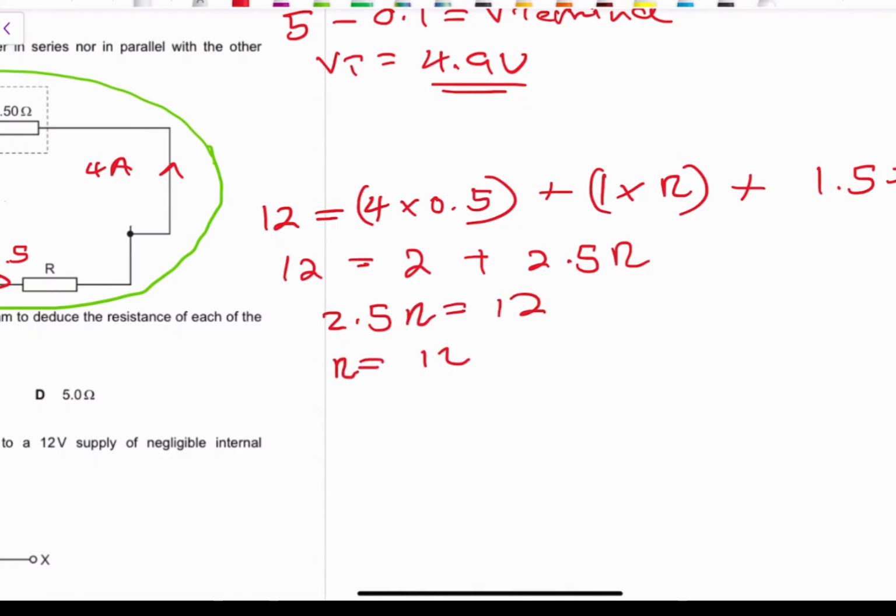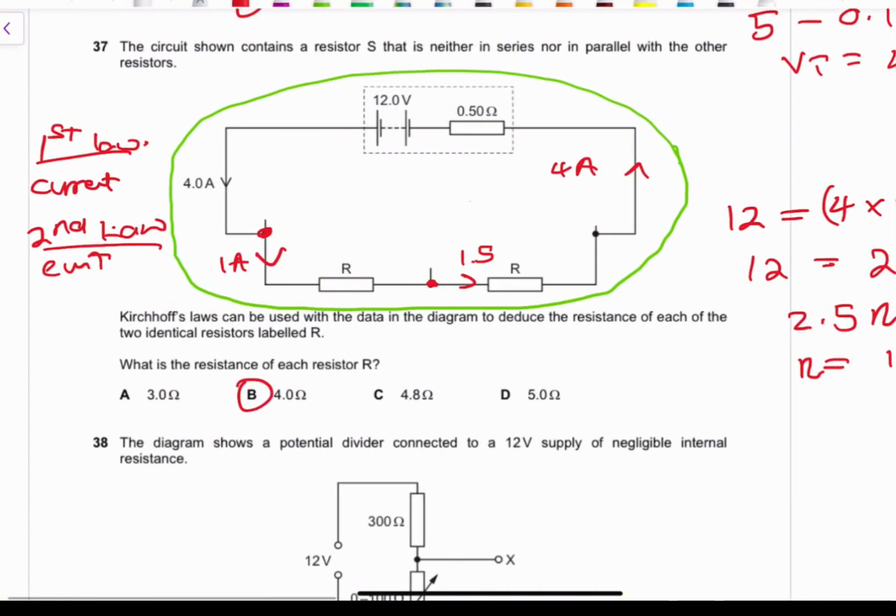So R would be 12 minus 2 divided by 2.5. So the value of R is going to be 4 ohms, which is going to be B.